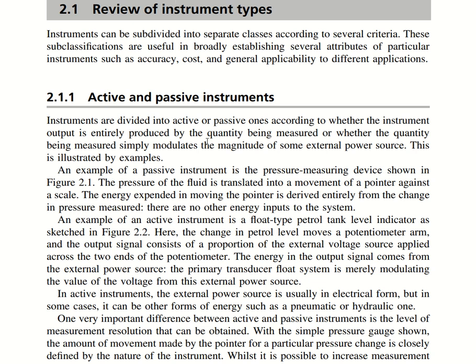An instrument is divided into either active or passive based on whether the instrument output is entirely produced by the quantity being measured, or whether the quantity being measured simply modulates the magnitude of some external power source. Let's take an example and learn that. For a passive instrument, it's a pressure measuring device.